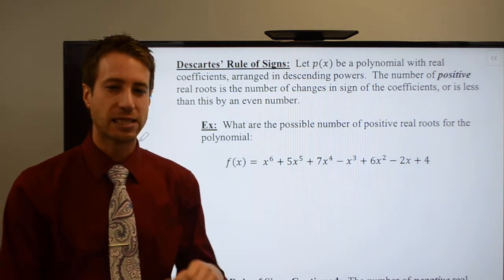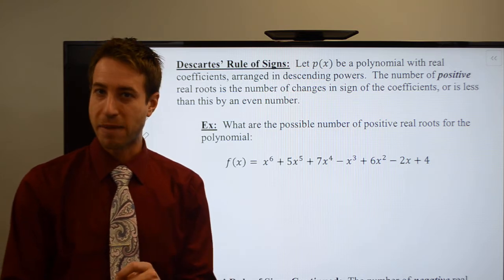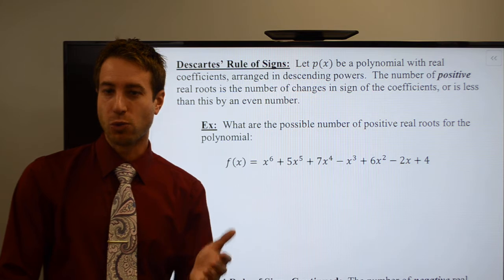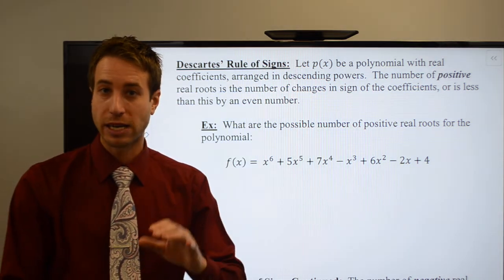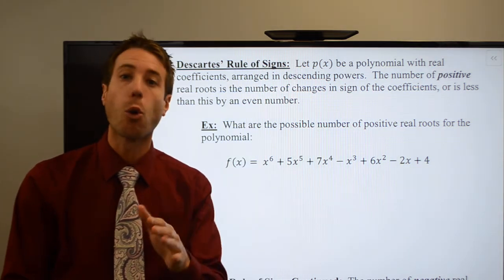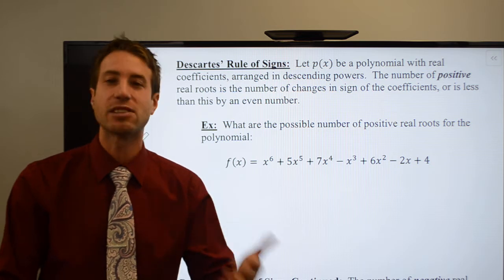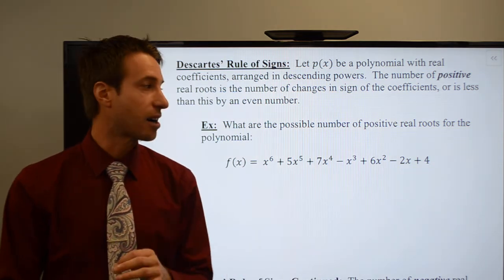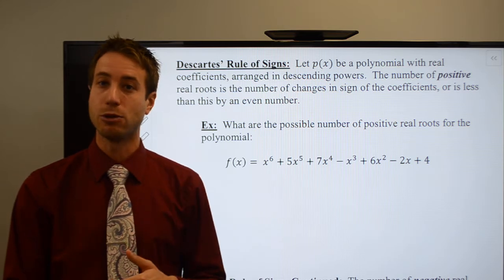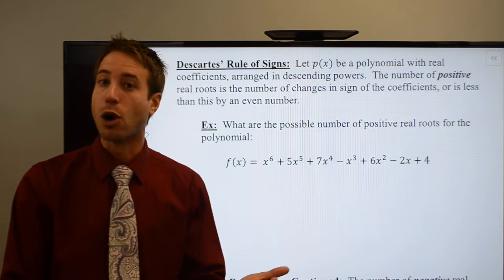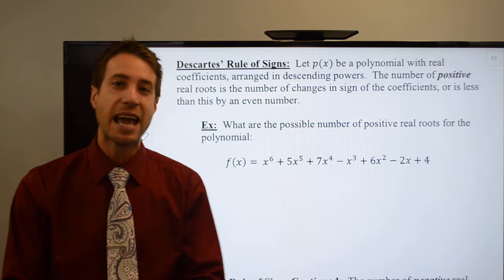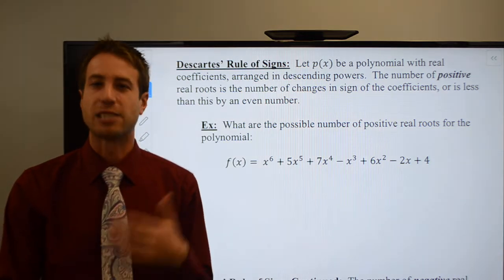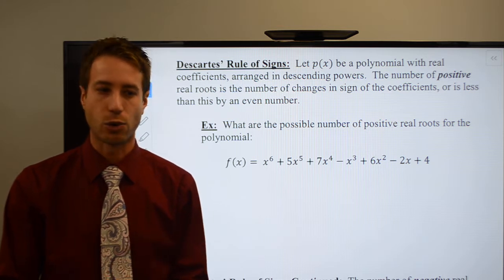Descartes' Rule of Signs is going to give us information that either is not really important when it comes to factoring or finding the zeros of a problem, or quite frankly, it gives us information we could find by another method. Now, because it's covered in the textbook that I'm using with my classes, I'm going to go over it just for completeness' sake, and because I want you guys to be prepared and experience everything that's in your textbook.